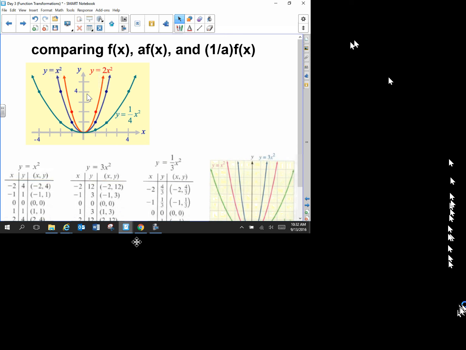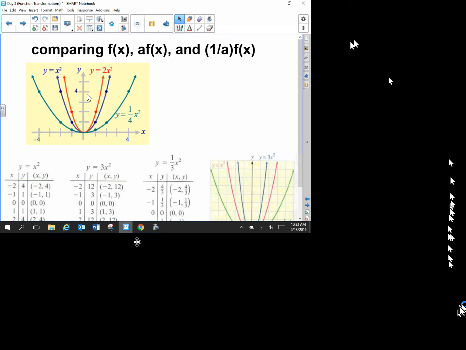Alright, stretches and compressions. Go ahead and graph y equals x squared on your graph paper. I have y equals x squared, and now I'll graph y equals 2x squared.